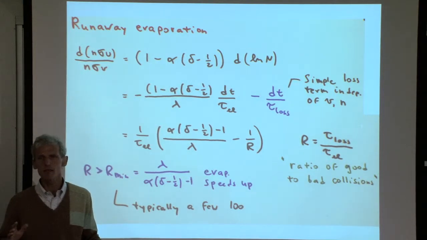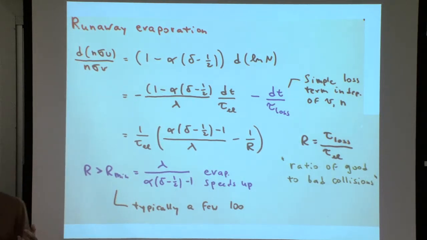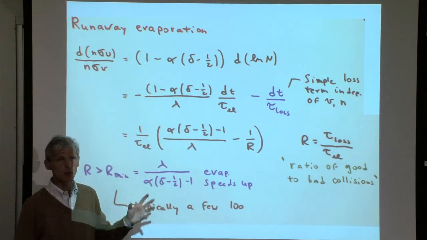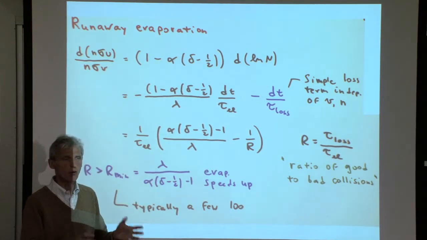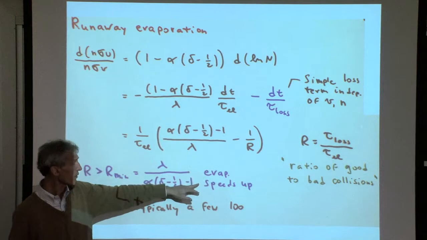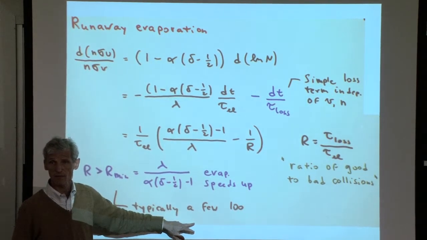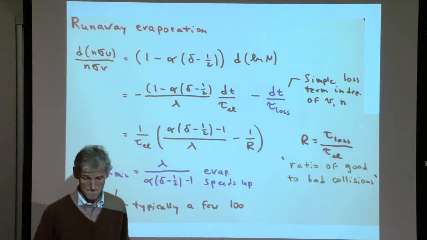You can evaporate a little bit, but it will pretty much come to a standstill. So this is why quite often the experimental realization of evaporative cooling requires to put enough atoms from the laser cooling stage at sufficiently low temperature into the magnetic trap that you fulfill the threshold condition for runaway evaporation.